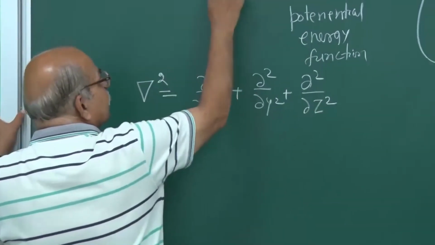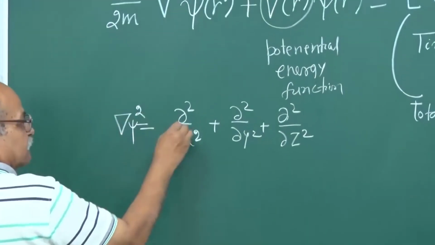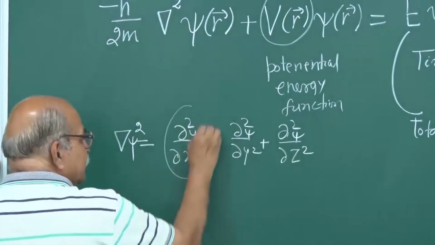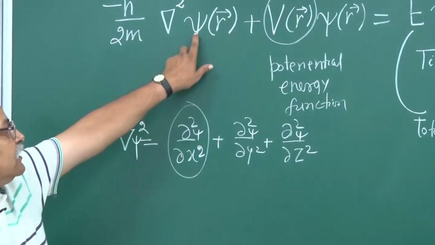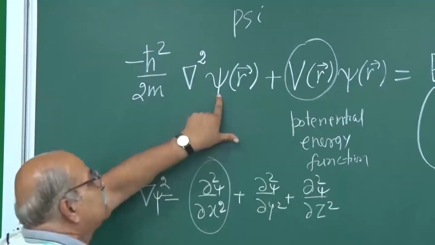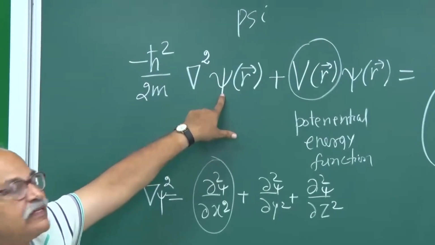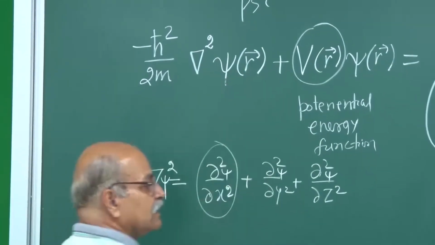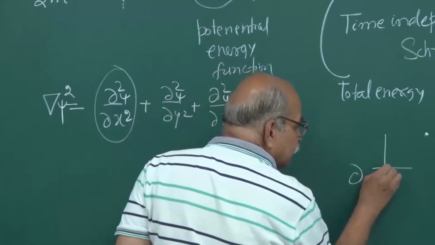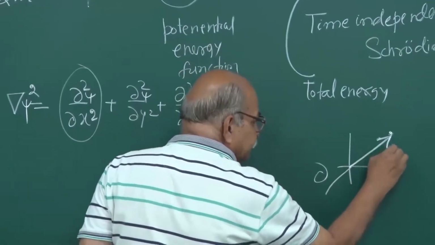If you put psi in front of it, del square of psi means this. And what does this mean? This psi, we call it psi, right? Greek letter. This psi is a function of space point. That means I have some origin somewhere, and this is that position r.